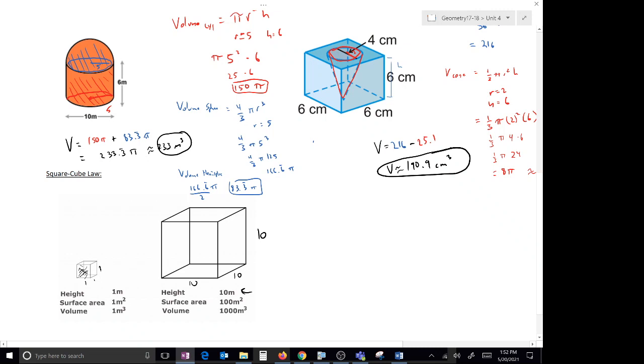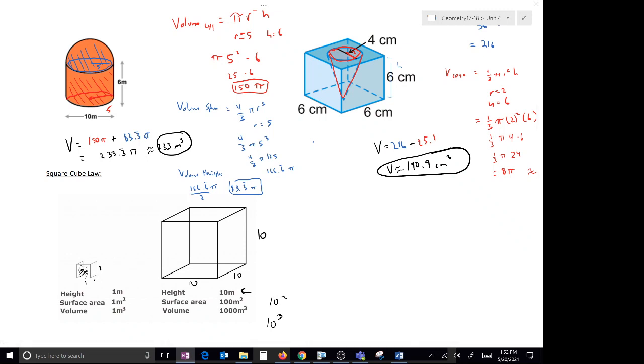Okay? It's 10 squared times as big. So the surface area is the scale squared. The volume is even bigger. It's 10 by 10 by 10 times big. So it's the scale to the third power. It's 1,000 times as big.